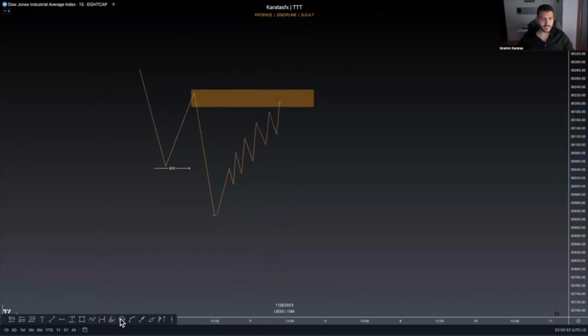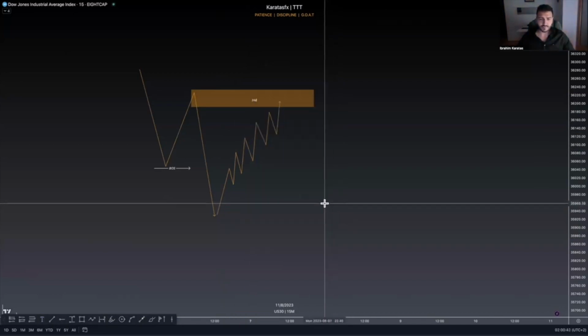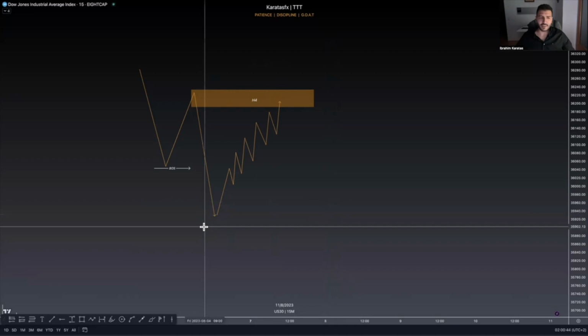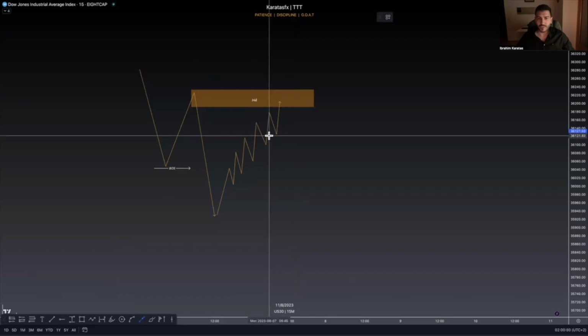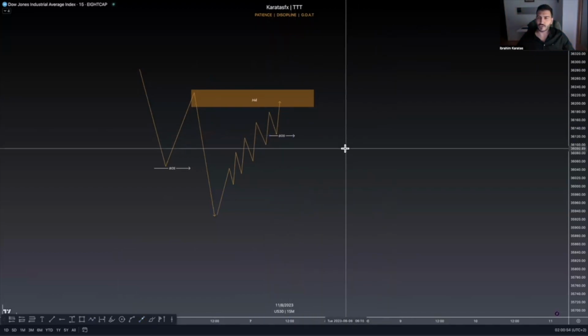Let's say this is a 4 hour, H4 zone, okay? Now we go back to 30-minute or 15-minute, and we wait for the 15-minute break of structure.